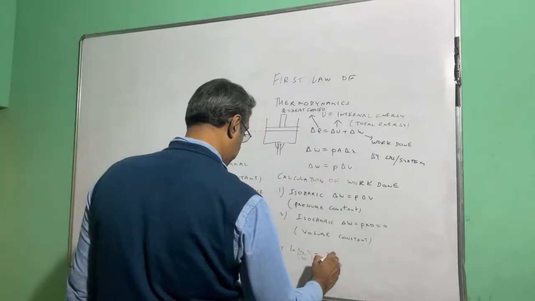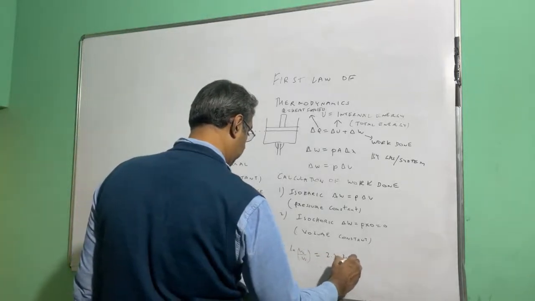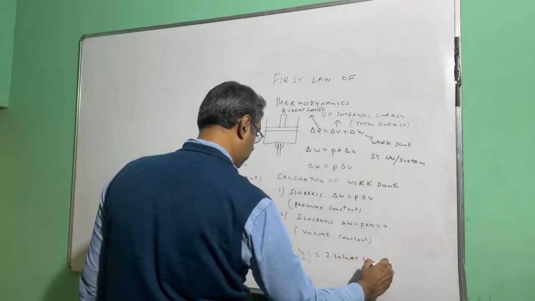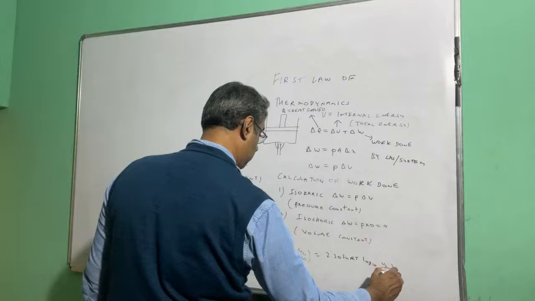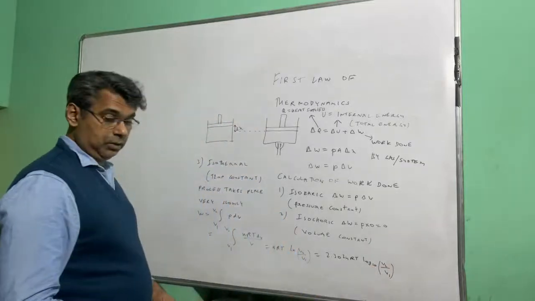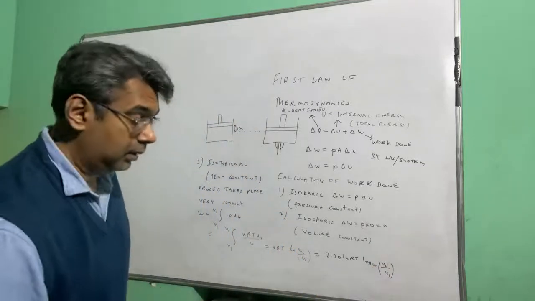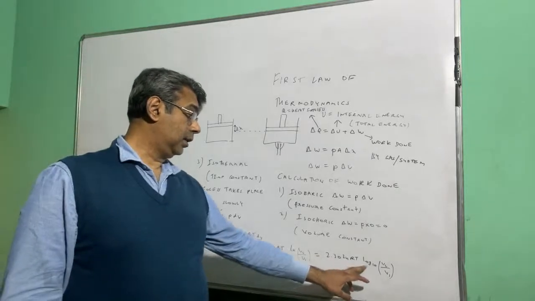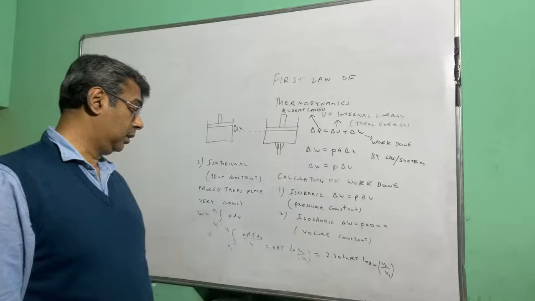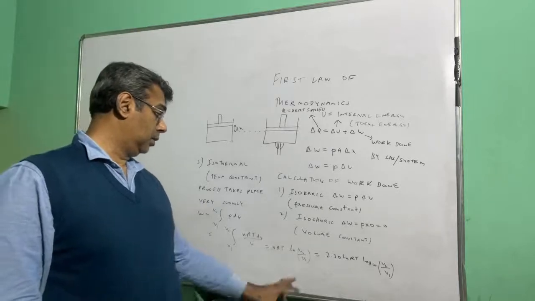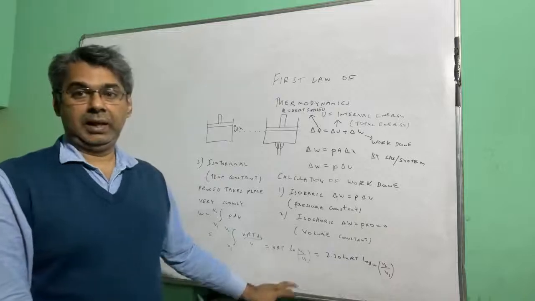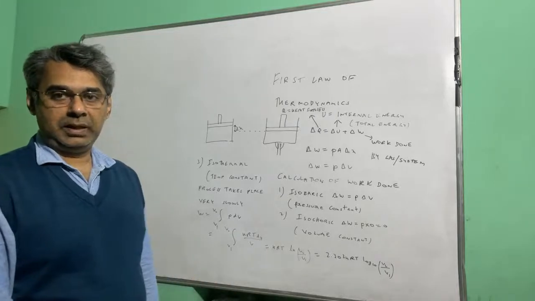And you can also do one thing. You can write 2.303 nRT log V2 by V1. nRT ln V2 by V1, here ln means the base is e.